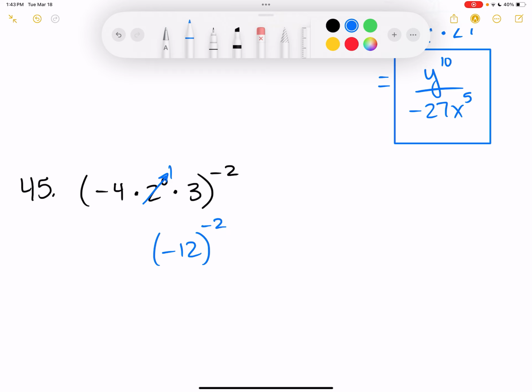Now what does that negative 2 tell me to do? Flip it to the bottom. So 1 over negative 12 squared. And now what is that? 1 over 144, and it's positive because it was being squared. So just in case anybody's inclined to go back and look, that was the answer, option D.